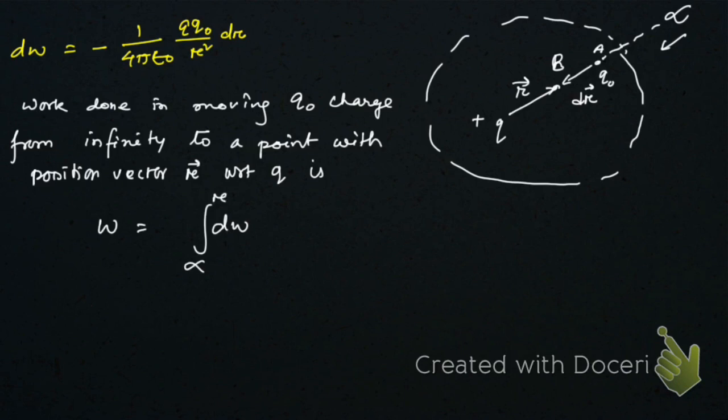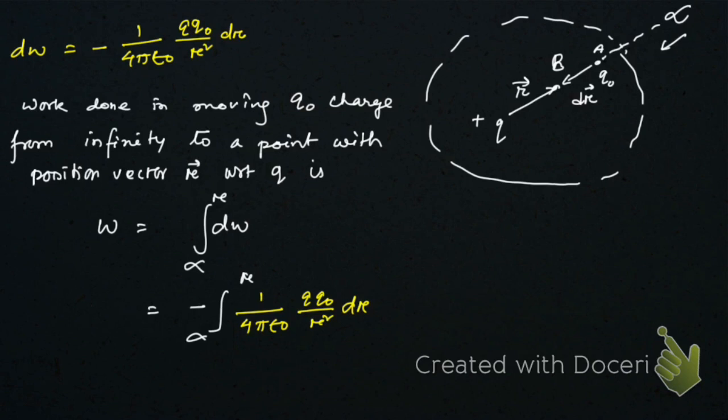So that will be equal to the integral from infinity to r of minus 1 by 4 pi epsilon naught q naught by r square dr. That's what we will get, right?